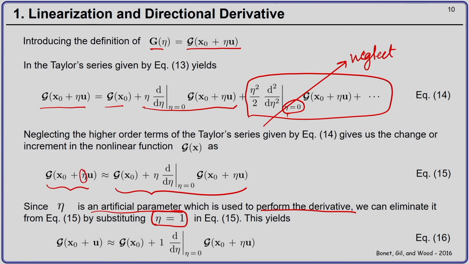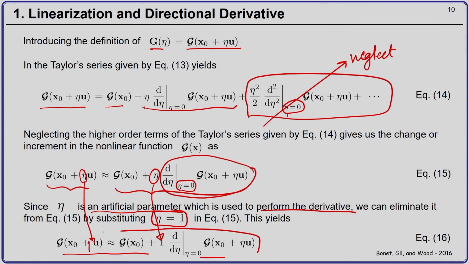So, this eta will be equal to 1 and this eta will be equal to 1. There is no eta in this term because eta has been substituted with 0. So, what we get here is equation 16.